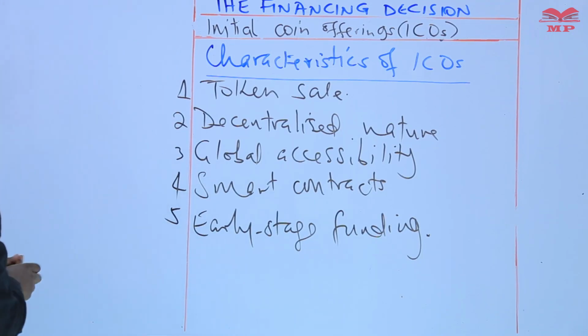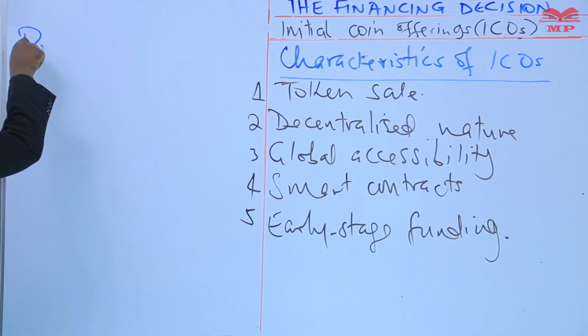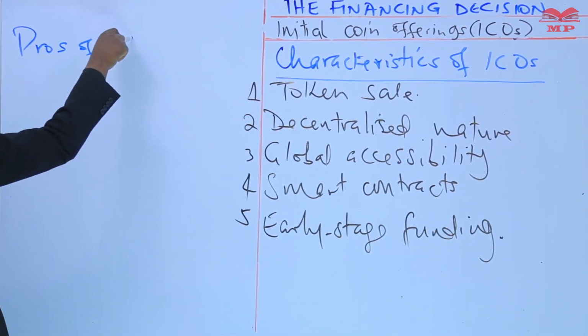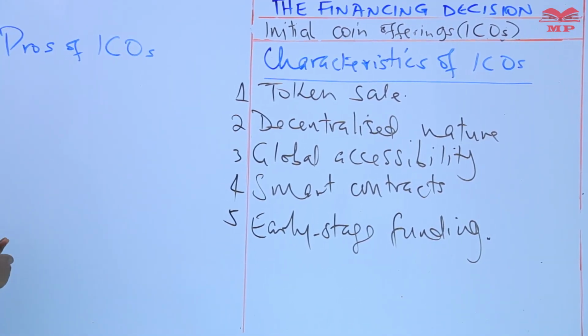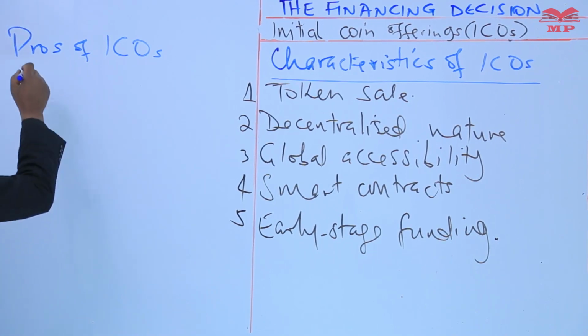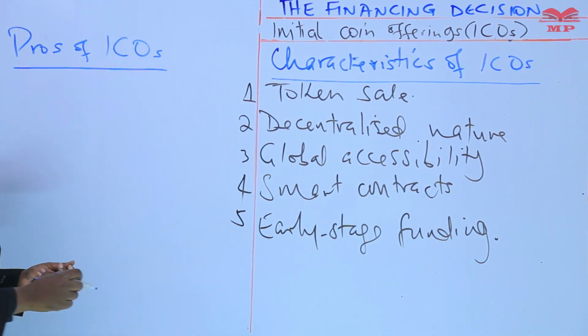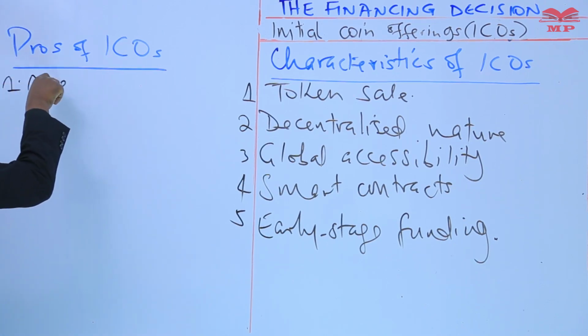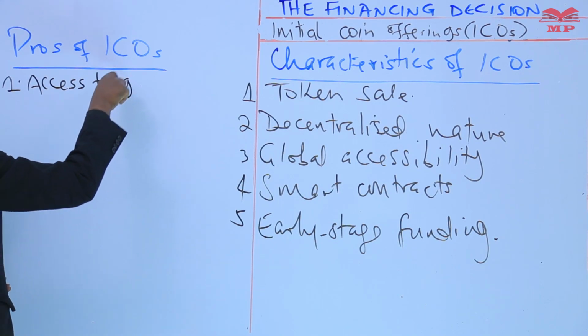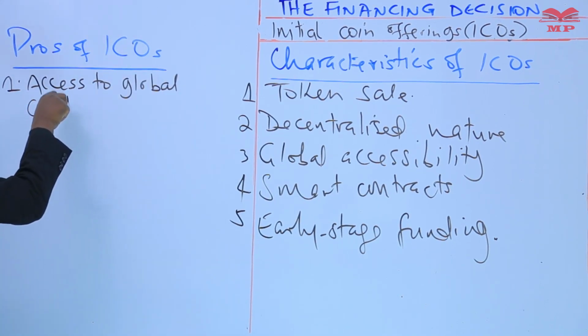Pros of ICOs. One is global accessibility, access to global capital.